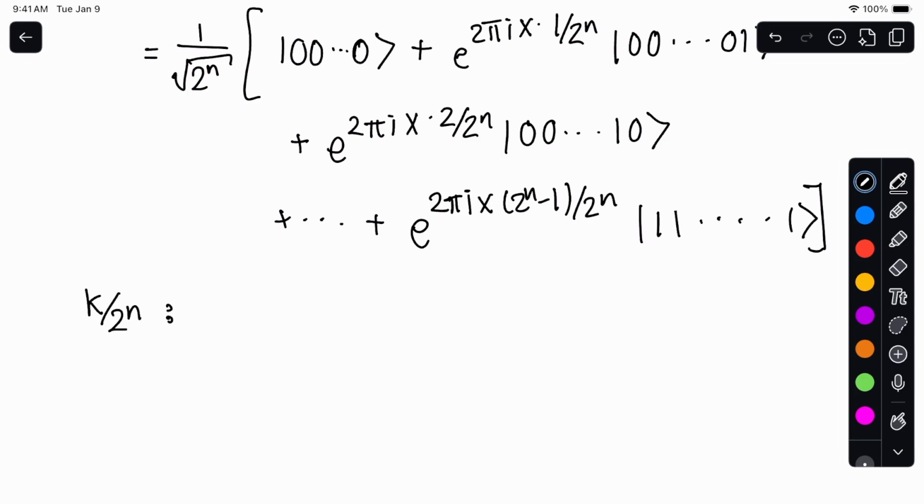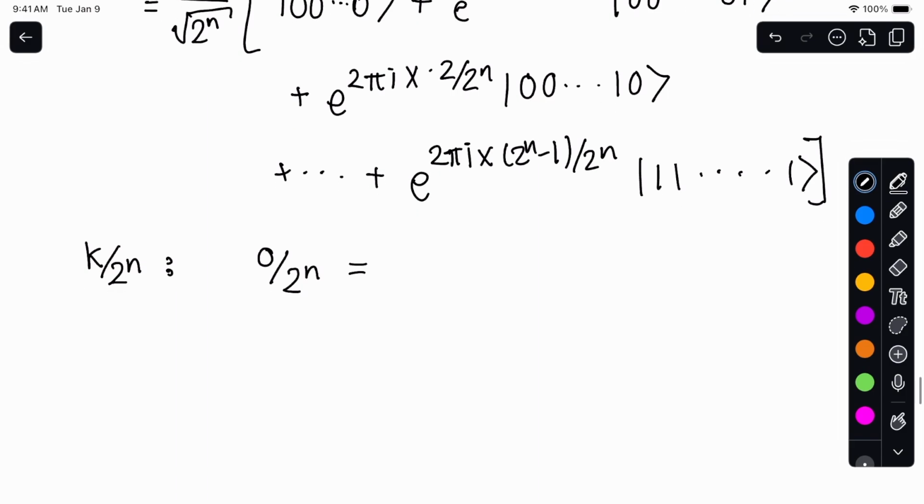So let's understand better how to express this. So let's start with 0. I'm going to write this in a way that may seem silly at first, but it's going to be helpful. So we can express 0 over 2 to the n as 0 over 2 plus 0 over 4 plus all the way to 0 over 2 to the n.